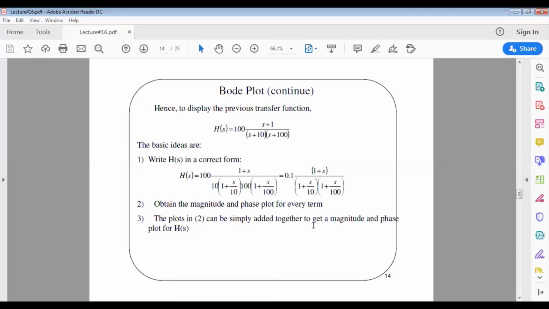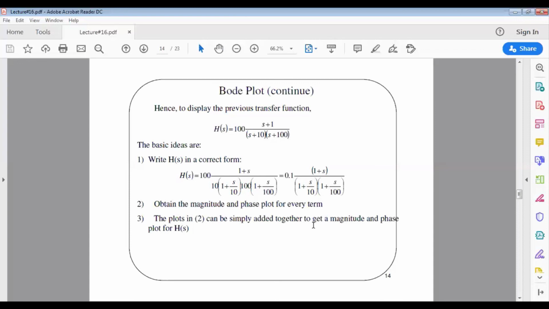So these are the steps for Bode sketching. Number 1, write H(s) in the correct form as shown in the equations here. Number 2, obtain the individual plots for every term in your transfer function, both the amplitude and the phase. And finally, add them together to obtain the final plot for both magnitude and phase.